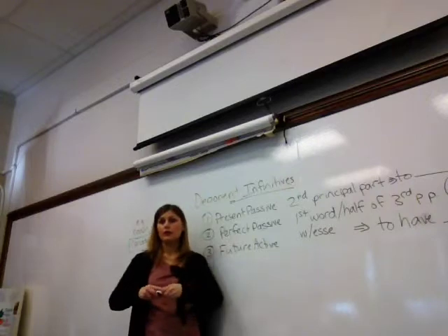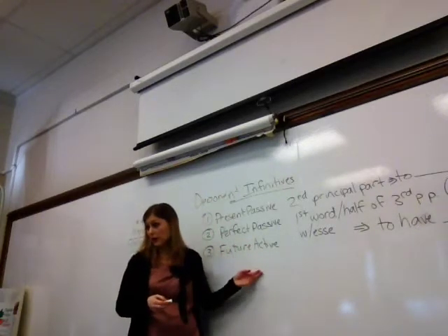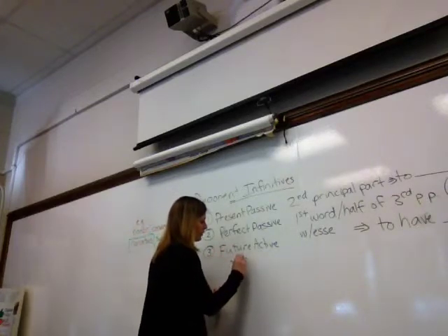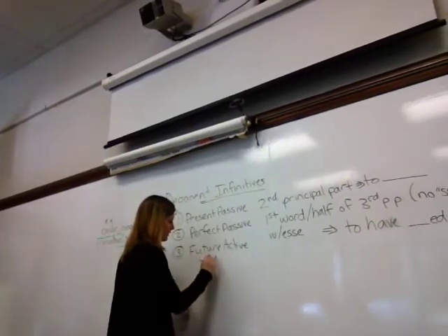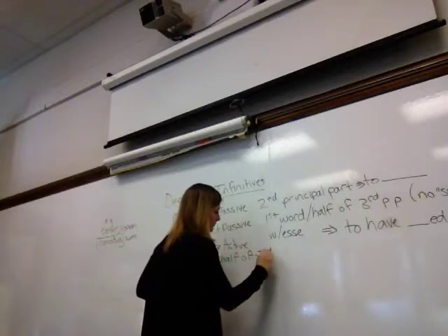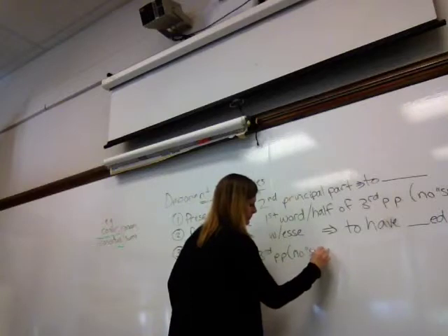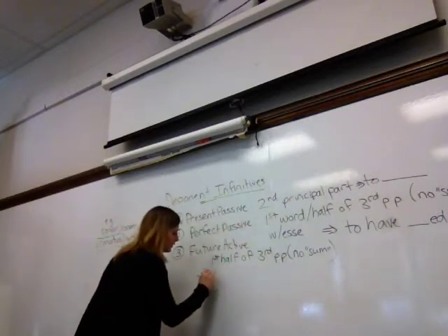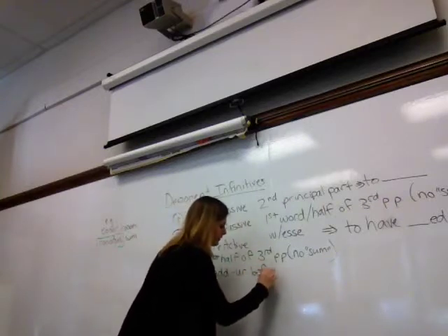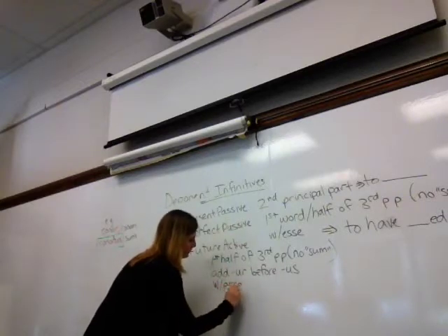So essentially we said create a future active participle and then add esse, right? So you're going to do the same thing here because deponent verbs are still verbs. So you're going to take the first half of the third principal part. No sum. You're going to add UR before the US. And you're going to pair that whole thing with esse.